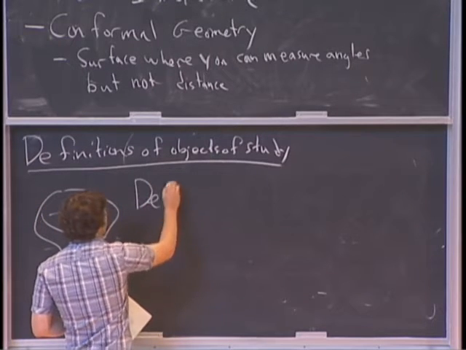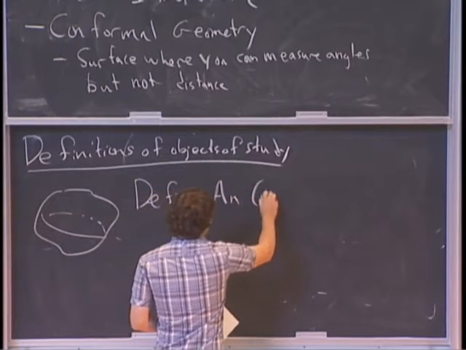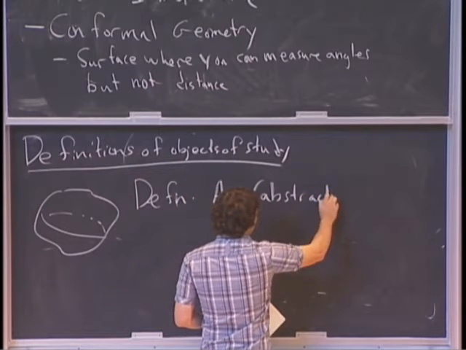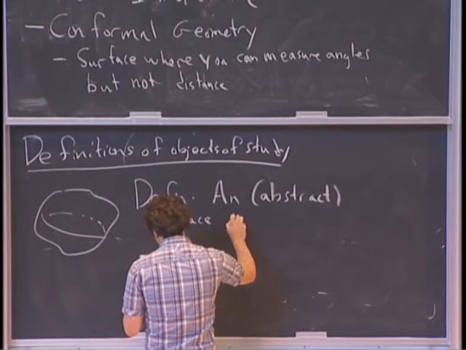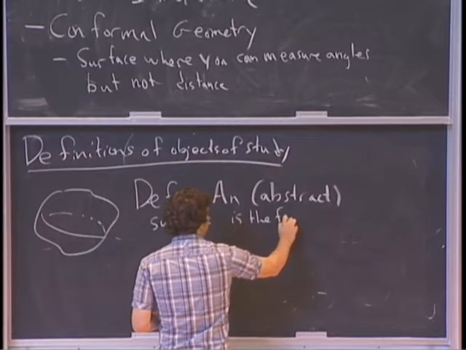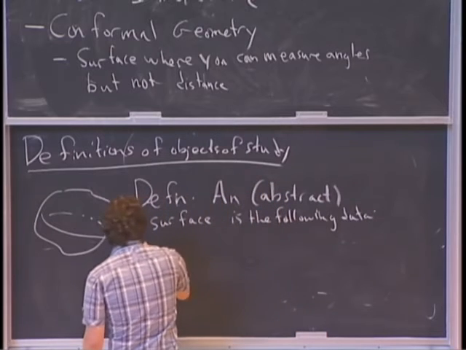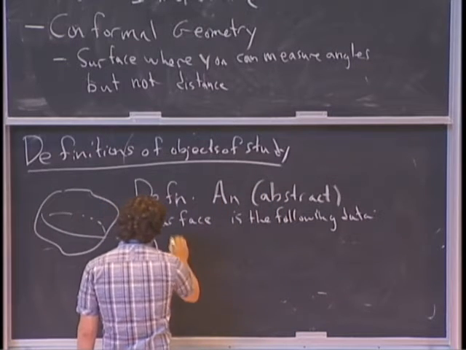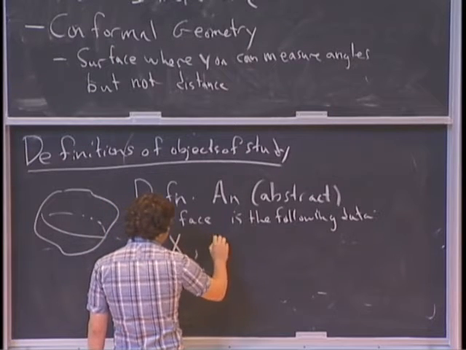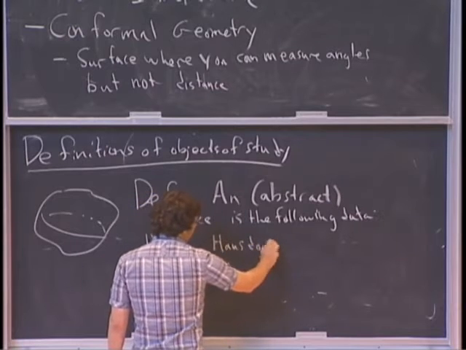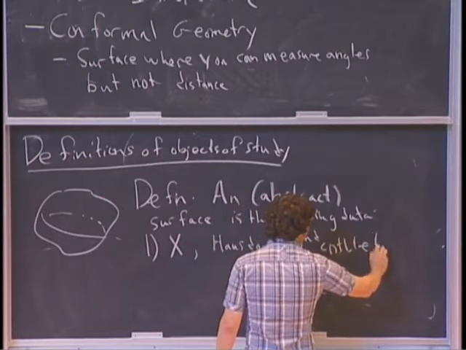So we start with our definition. We're going to have three pieces of information, essentially. The first is going to be X, which is going to be a Hausdorff, second countable topological space.